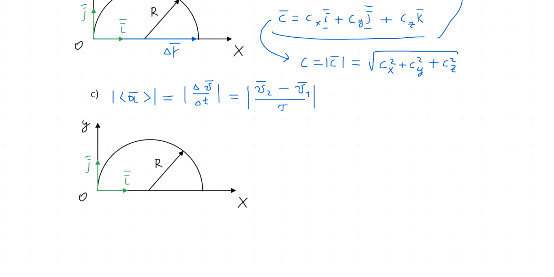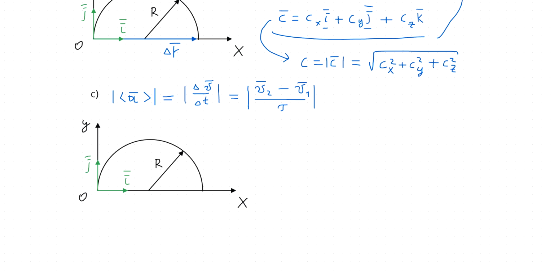So how can we do this? Are you asking about v2 and v1? Yes, v2 and v1. 2πr divided by tau minus... let me think.